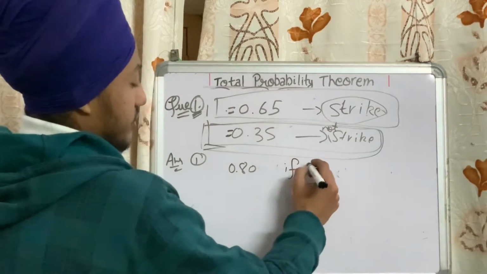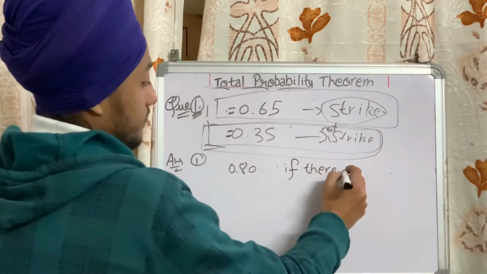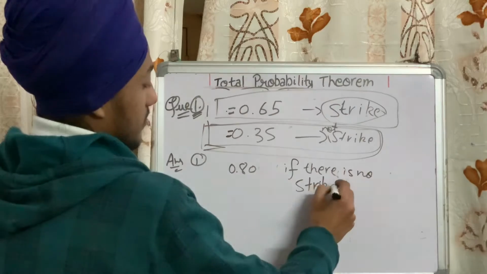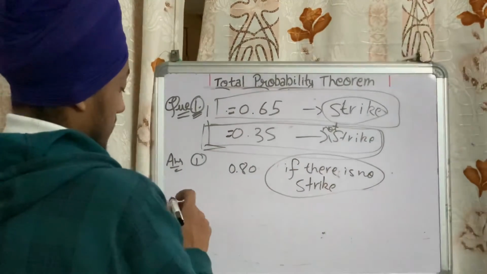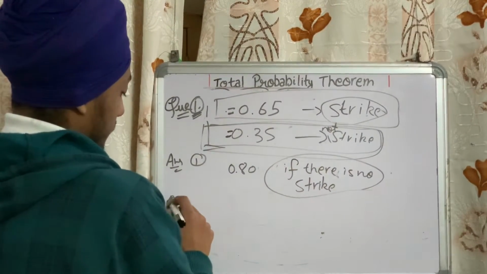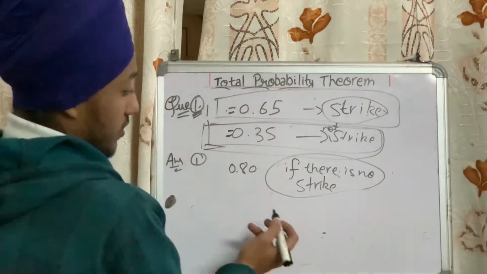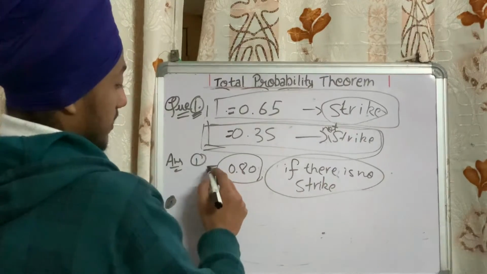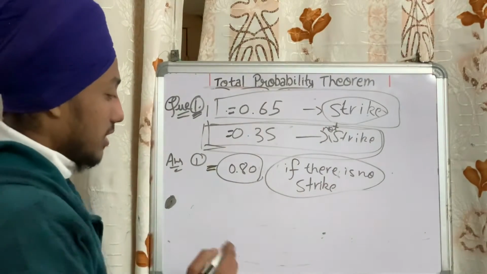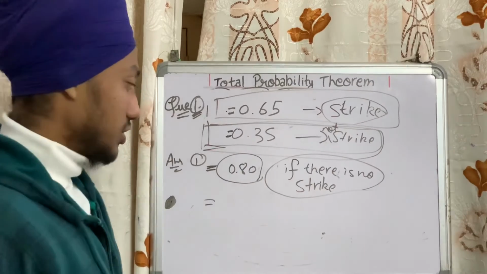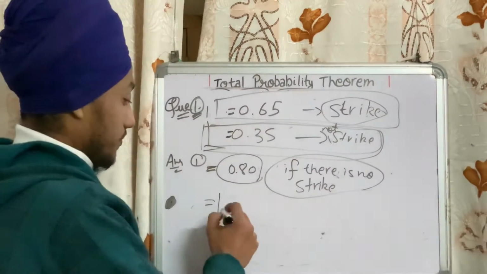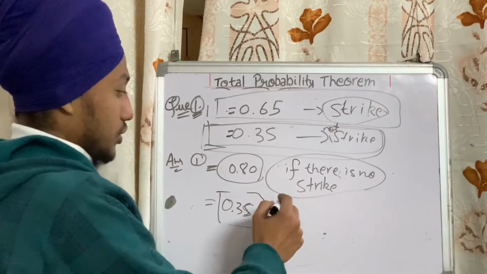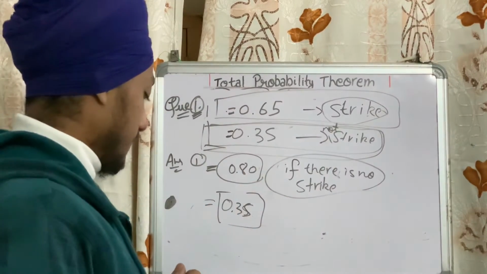So if there is no strike, this is the probability of doing our construction work properly, and this is the probability that the construction work will be done if there is a strike.